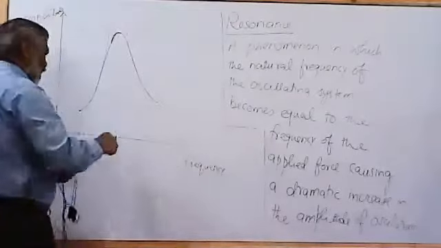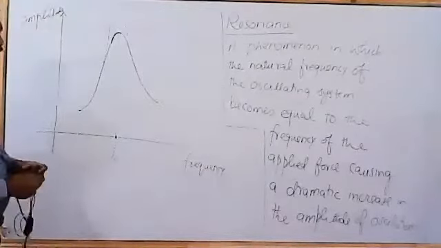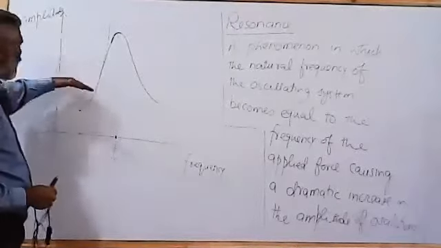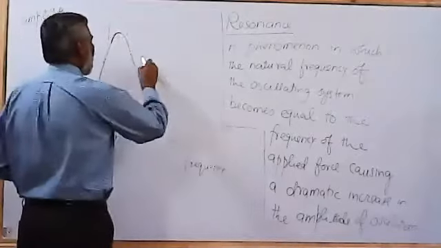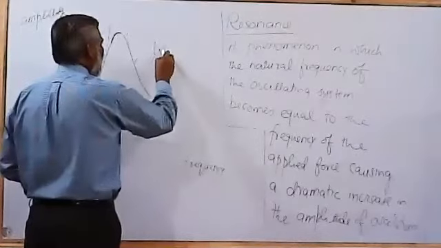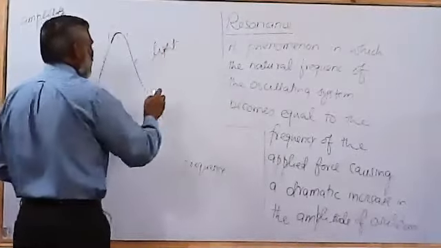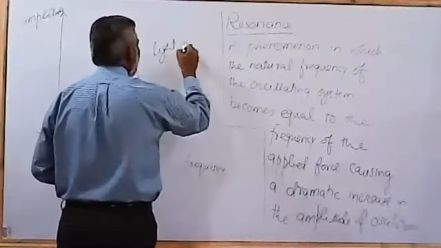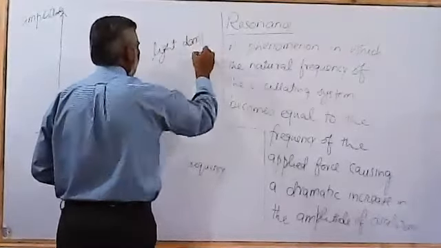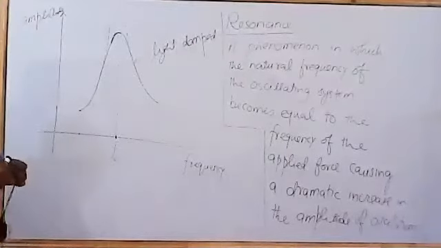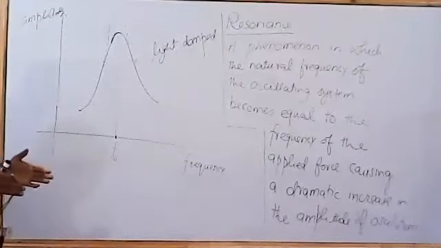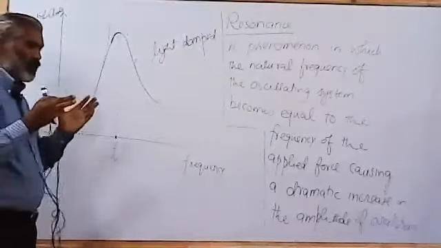If it is so large, then the system collapses. But if there is a reasonable increase in it, that means we have introduced some light damping to the system. So the system is light damped. The system has already some kind of damping in place and we have controlled it.